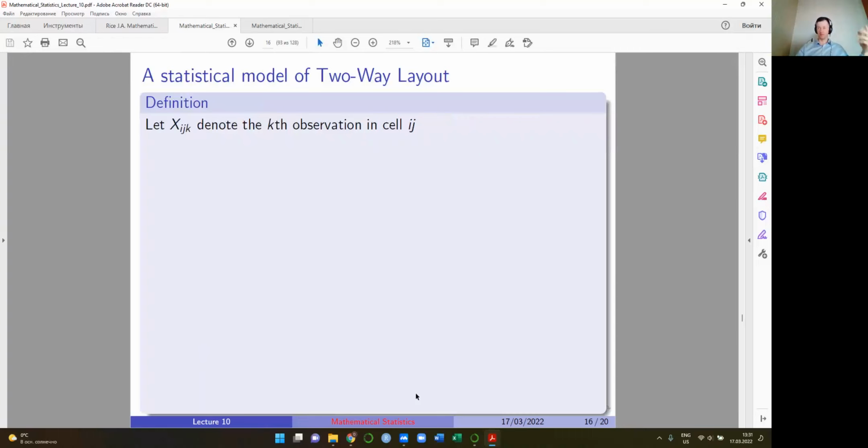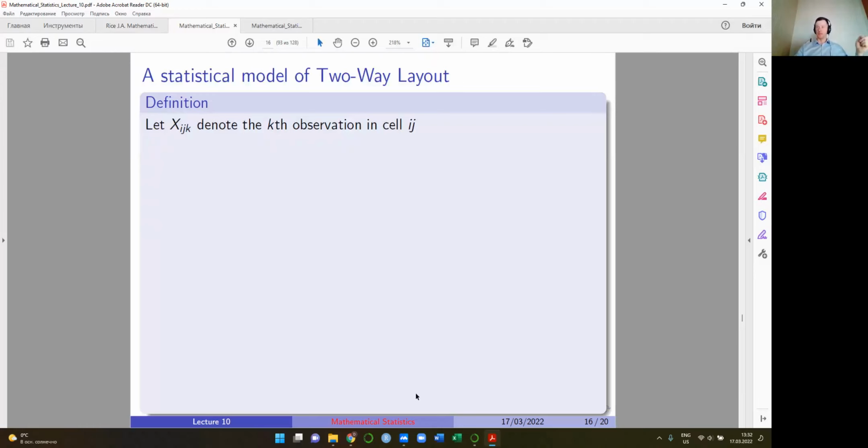This is the good news, because the manual computations are possible, of course. People are doing them, but it's too long. So we will rely on the statistical software output. But still, we need to understand the model, at least what's going on there.